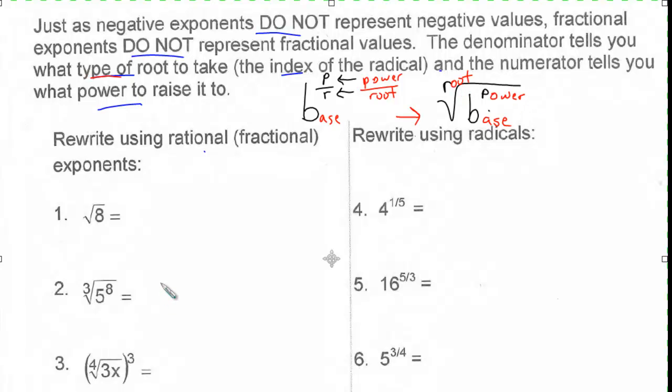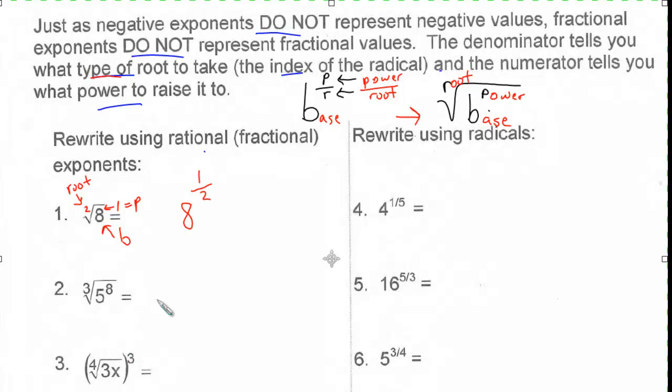We're going to rewrite our radicals using fractional exponents. In this problem, the base is 8, the power is 1, and the root is 2. So the base is 8 and its power divided by the root.